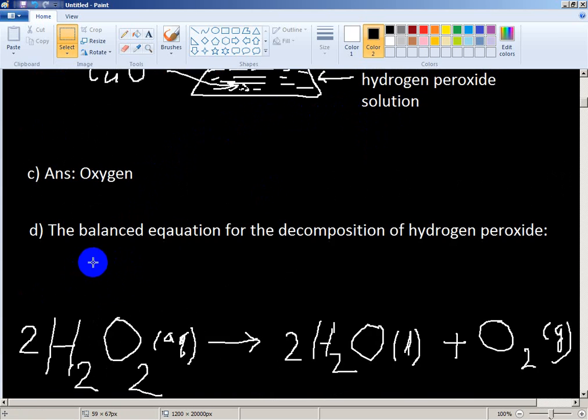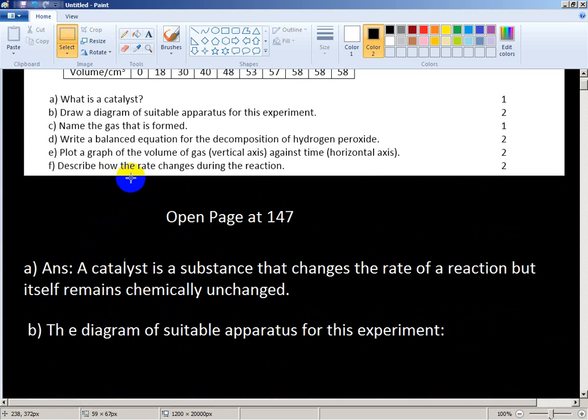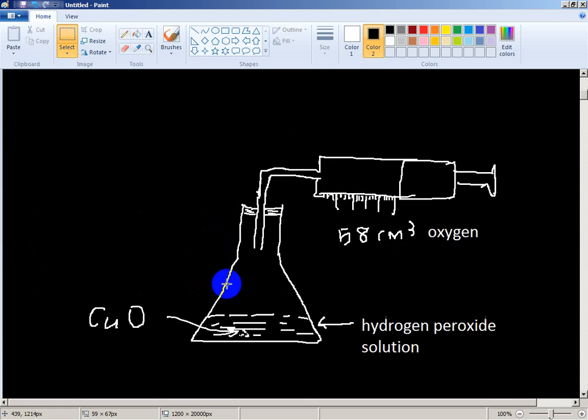Steepest means at the beginning. What is the change of the rate of the reaction? Question: describe how rate changes during the reaction. So at the beginning what happens? At the beginning it is steepest. Okay, in the first 10 minutes the reaction was fastest and the curve is steepest.